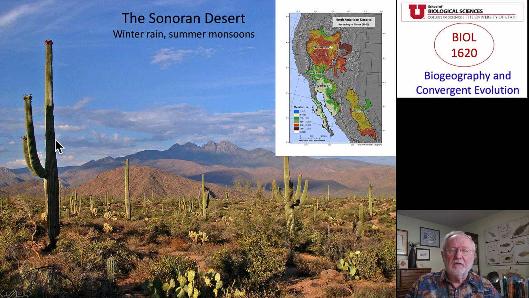Large cacti do not occur, in general, in regions that don't get at least some summer precipitation. The Sonoran Desert is a warm desert because it is sufficiently warm during the winter months when winter rains come for plants to be able to grow.